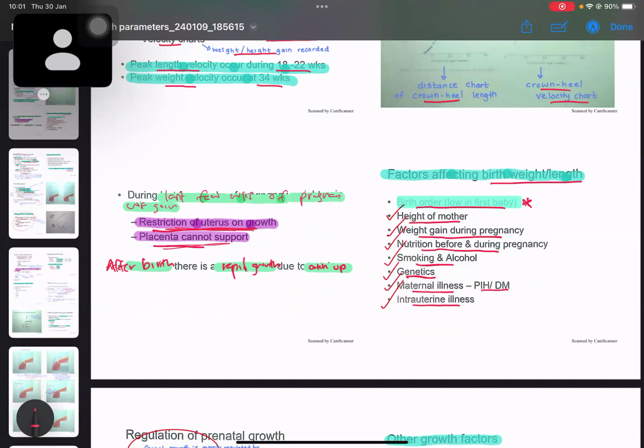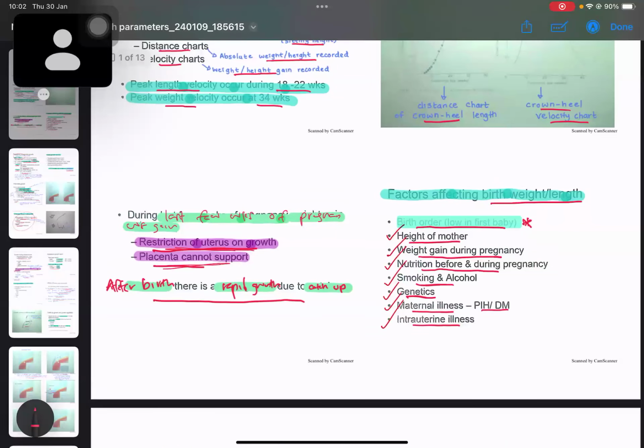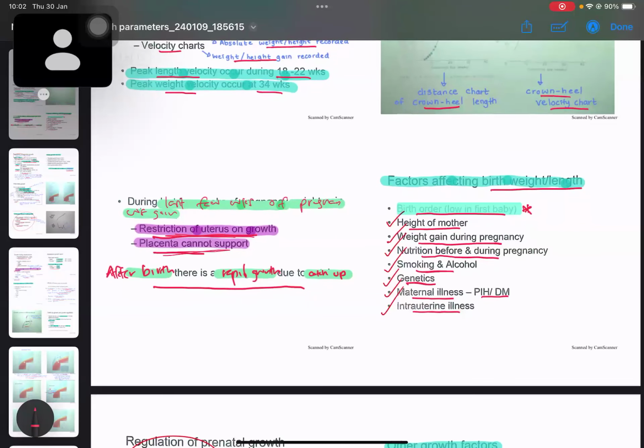So due to these things, the height won't increase in the latter part of the pregnancy, but the weight gain increases. After birth, there is a rapid catch-up growth, because the child will be taking food, the breast milk, and after birth, rapid growth occurs.